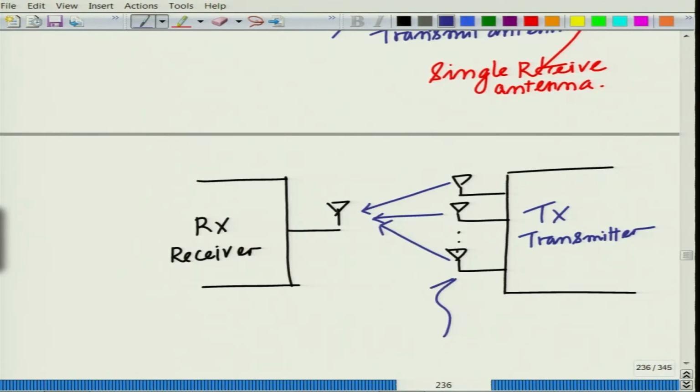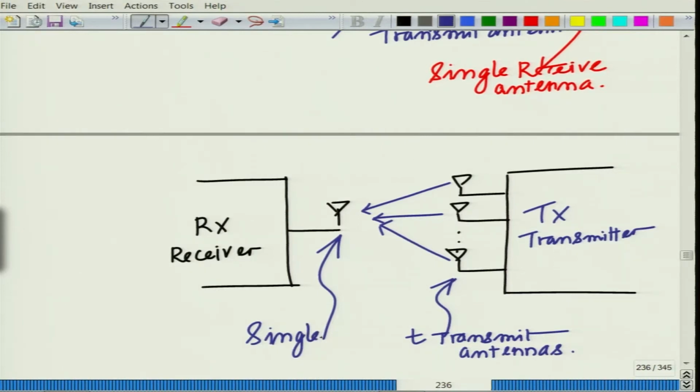So let us say you have T transmit antennas and a single receive antenna, and these are the channel coefficients H1, H2, HT.